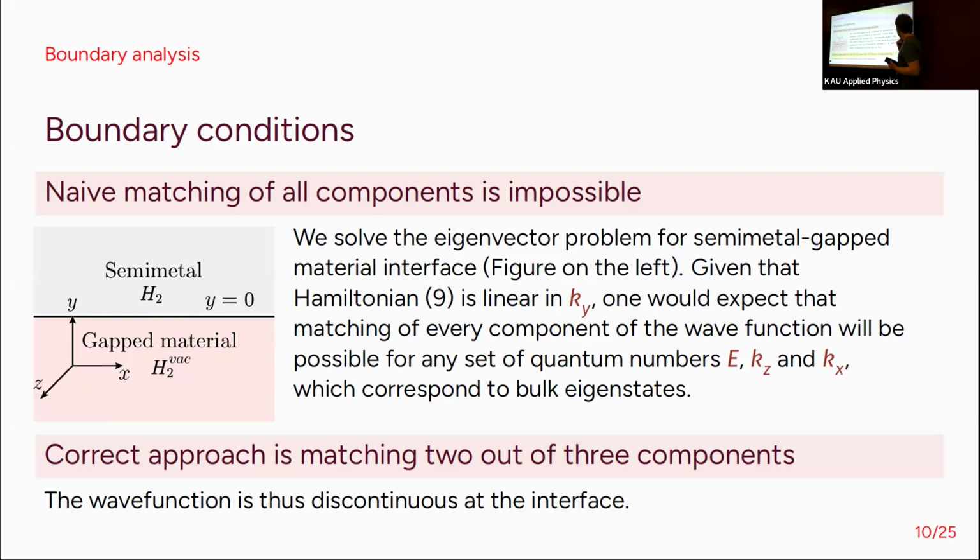It can be shown explicitly. We won't do that because there is nothing interesting in those calculations. But for any set of energy and in-plane momenta, it cannot be done. So the correct approach is matching only two out of three components, and we will show why.